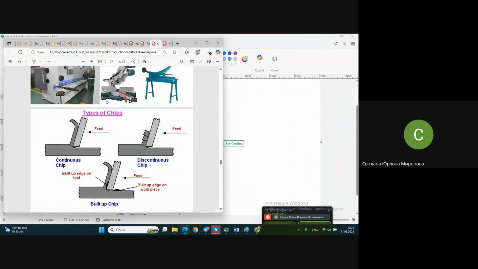And look at this. Right now we see something like mechanics of the process of cutting, and we see cutting with appearing of chips. In contrary to shear cutting, it may be called cutting with chips.